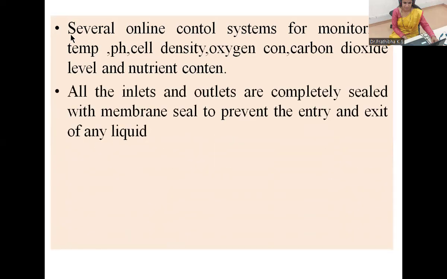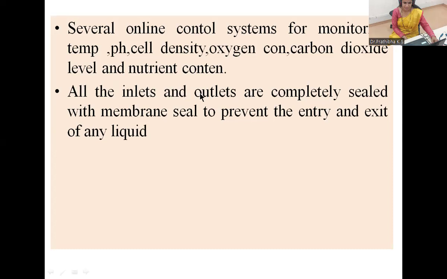As I use the word online here, it means most of the fermenter vessels nowadays are automated systems. Whatever they require, whether culture medium, acid or base to be adjusted, or cooling or heating effect, everything is automated and monitored by the system itself.